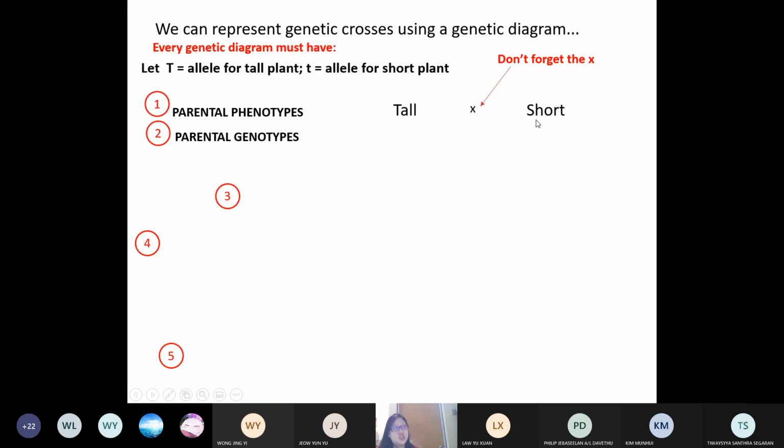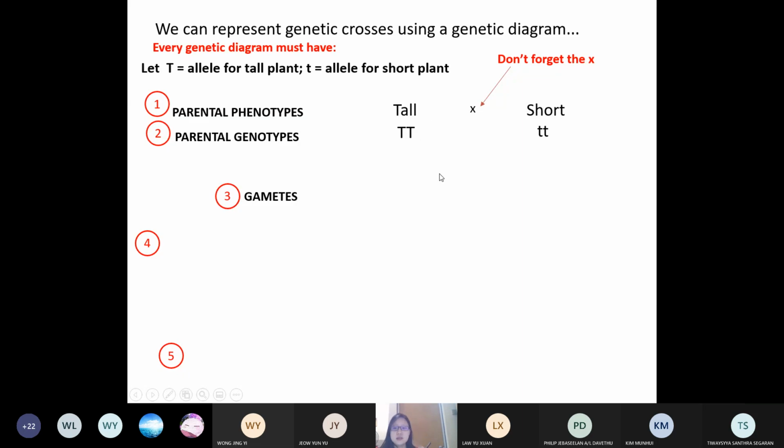Number 2, parental genotypes. Phenotypes again is the appearance. Genotypes is the genetics. So tall purebred is big T, short is small t. Then the gametes. One thing I always tell people is, look, there are 2 different things here, 2 alleles.